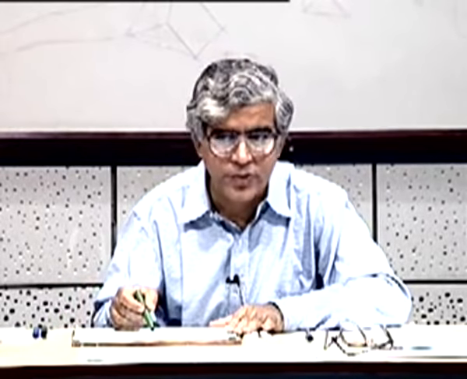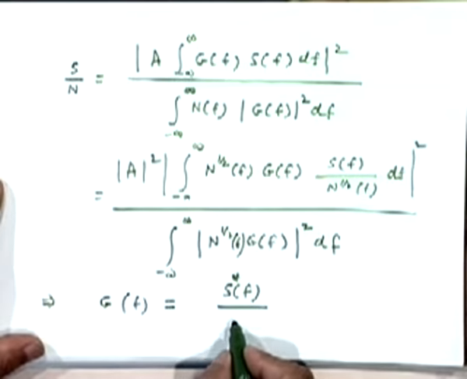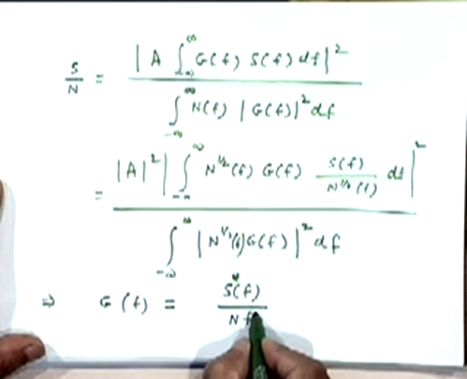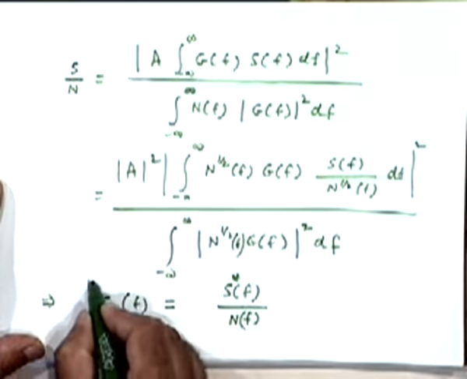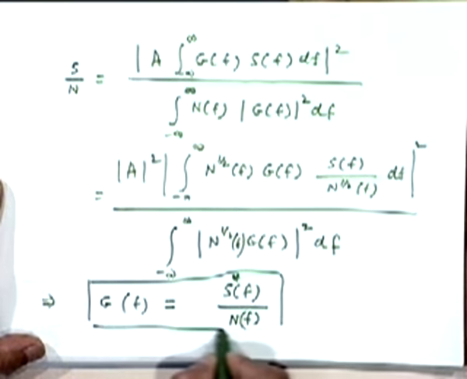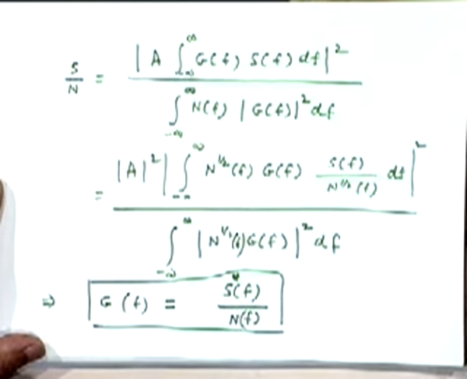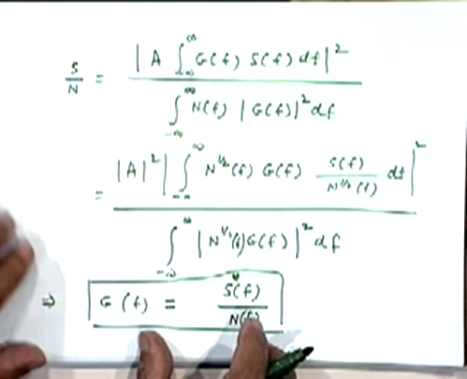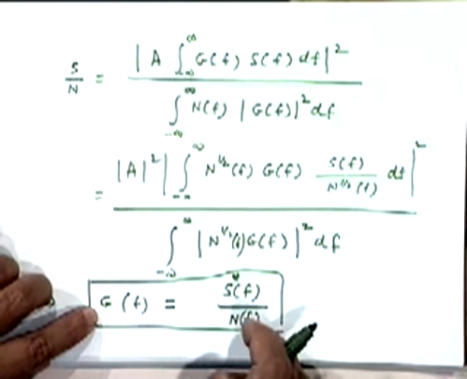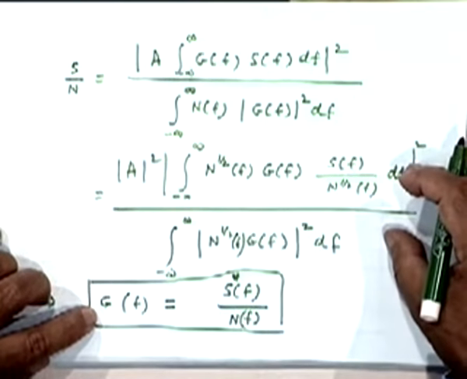Any power spectral density function has to be a real positive function, so that is why in fact we can talk about a square root, otherwise we can't even talk about a square root. So this is the function GF which will maximize this ratio.